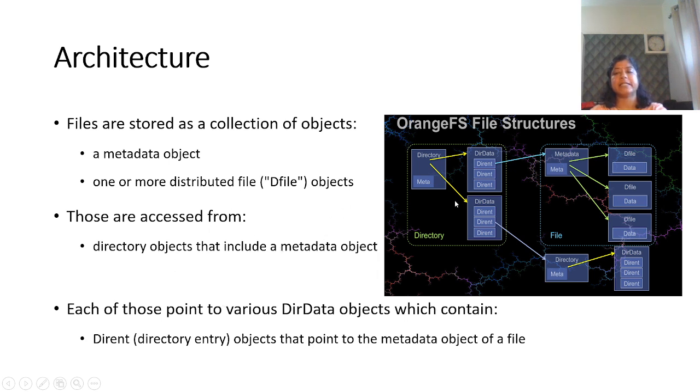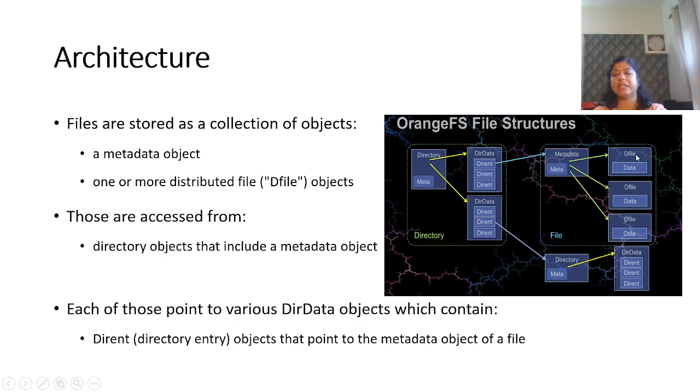Now we will discuss the OrangeFS architecture. As you can see in the diagram, it first focuses on the files, which are stored as a collection of objects. It will consider the metadata object and one or more distributed file objects, which are nothing but the D file objects.